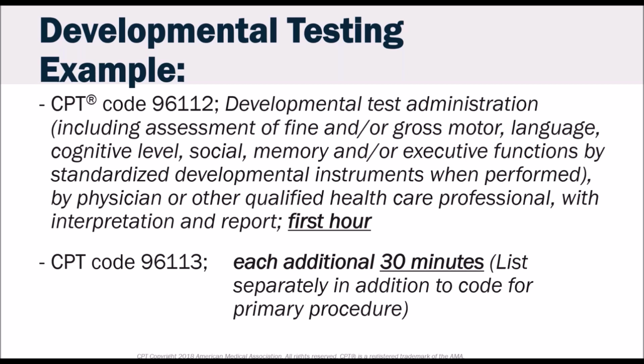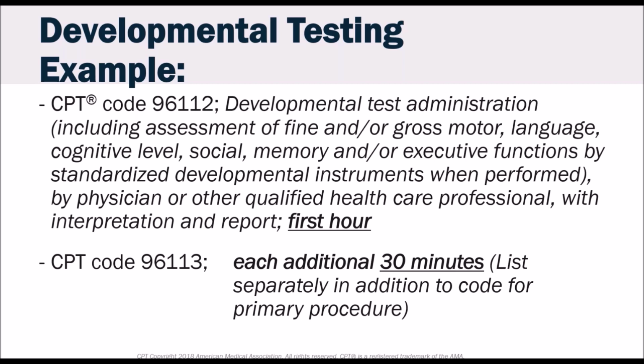So when to use the developmental testing codes, the 96112 and 96113. So we use those when standardized developmental measures are used to assess skill development in multiple areas that include receptive and expressive language, social, cognitive, gross, and fine motor and adaptive functioning.